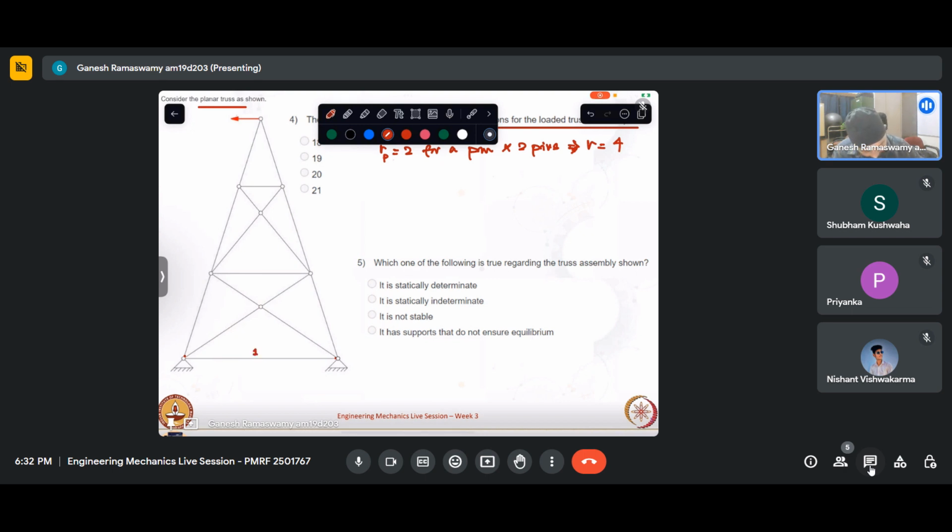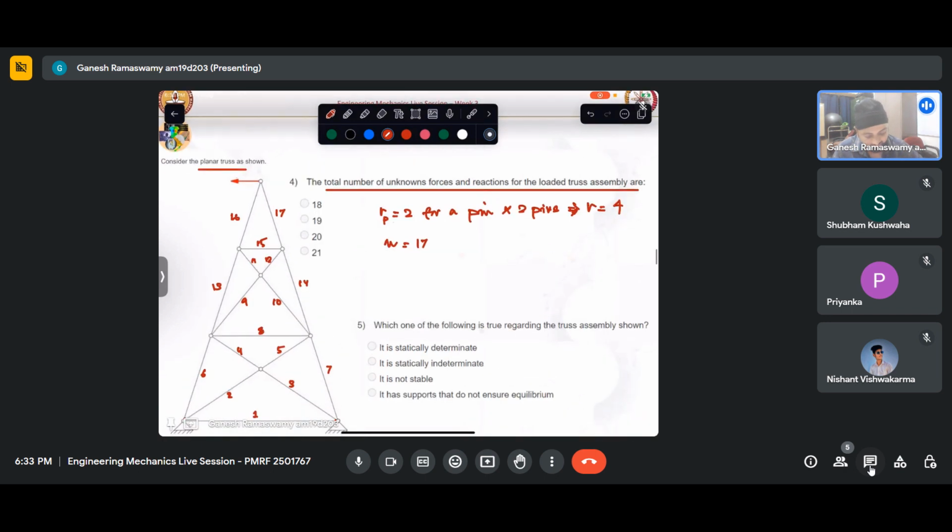So we have 1, 2, 3, 5, 6, 7, 8, 16 and 17. So the sum total of the members is 17. So if we know this, what is it that we need to report? The total number of unknown forces and reactions for the loaded truss are M plus R, which is 21.